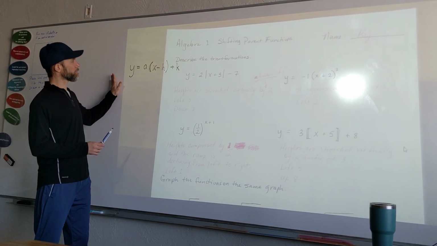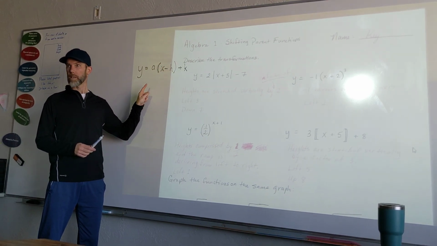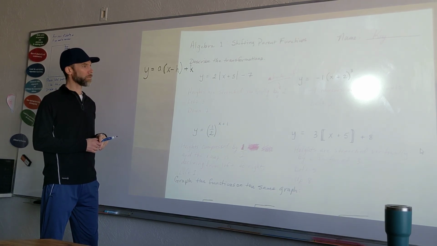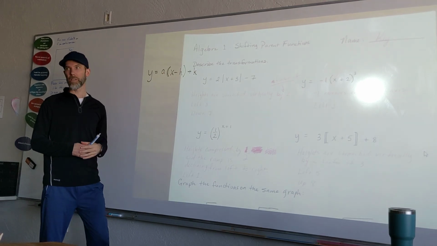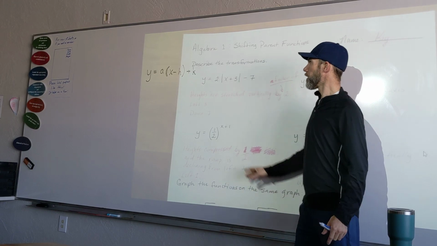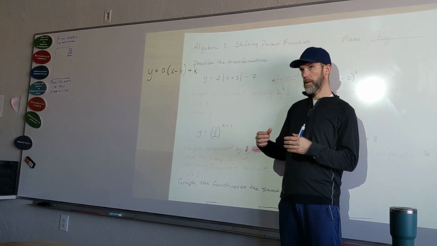So let's take a look at these specifically. Should I leave this general form up? Does that help? Okay, I can leave that up. It's kind of overlapping the work, but all right. Now let's take a look at this problem specifically. The number outside, it's a multiplier of what? 2.